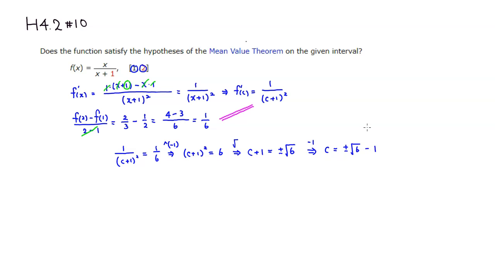But in this case, we're looking for c between 1 and 2, so we're not going to use the negative. The positive square root of 6 is about 2 point something, minus 1 gives you 1 point something, so it falls right between 1 and 2. So the answer is square root of 6 minus 1.